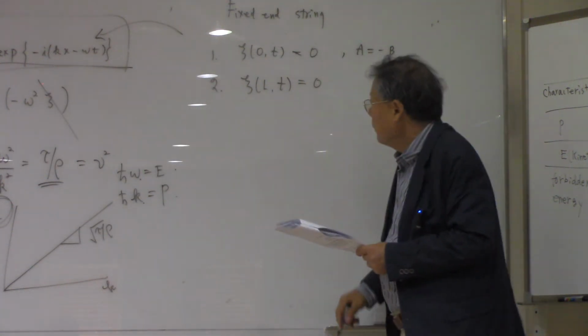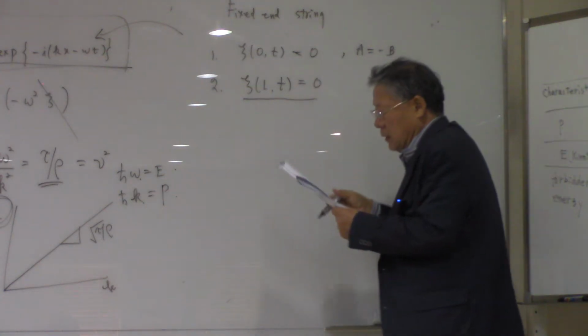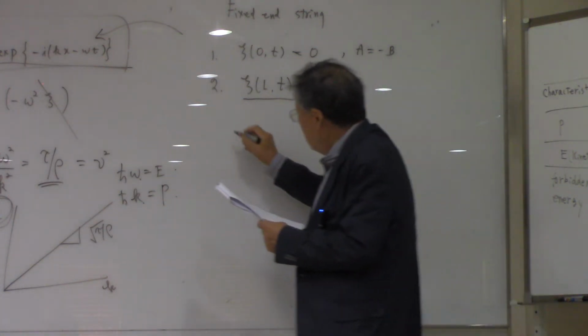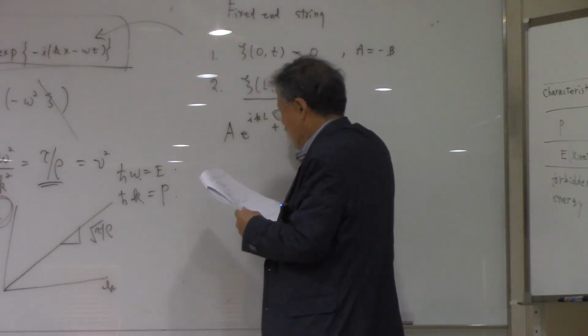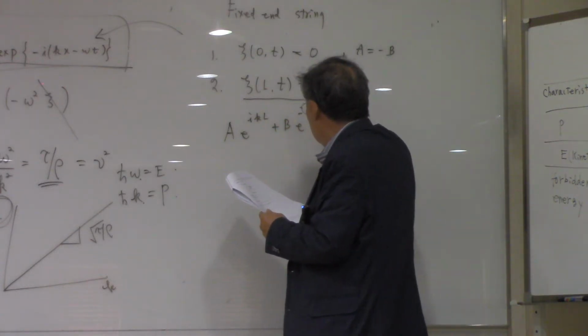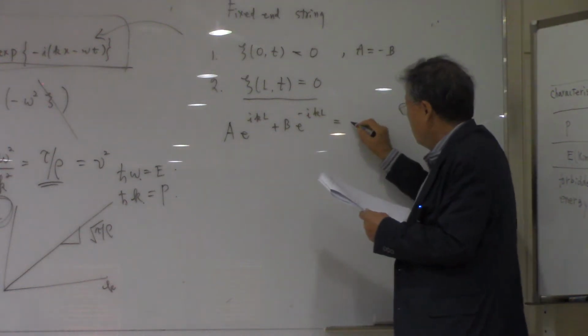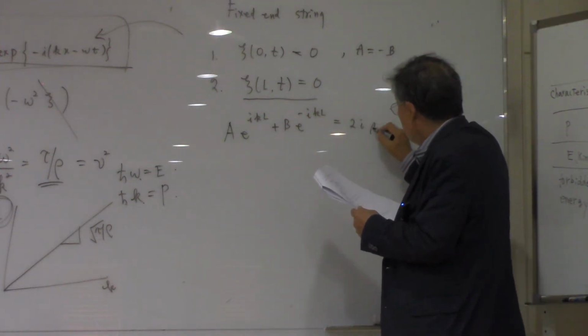Okay? And from these boundary conditions, A e to the iKL plus B e to the minus iKL is going to be 2i sine KL.